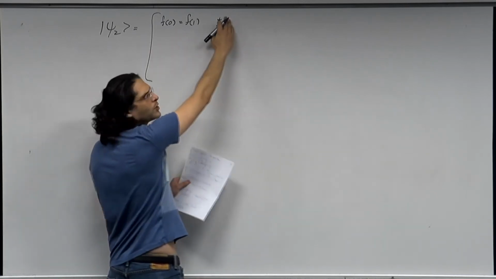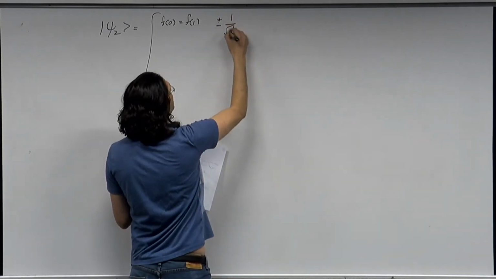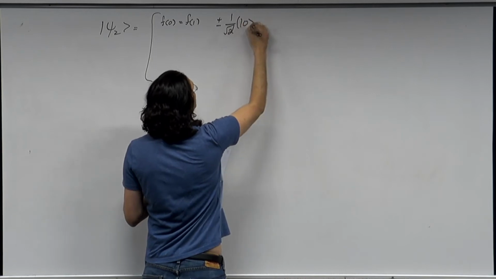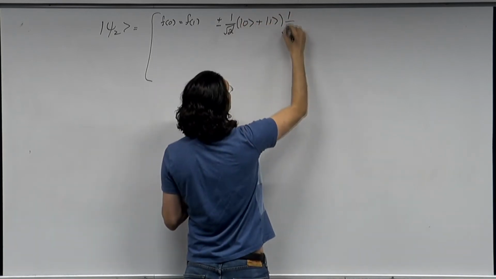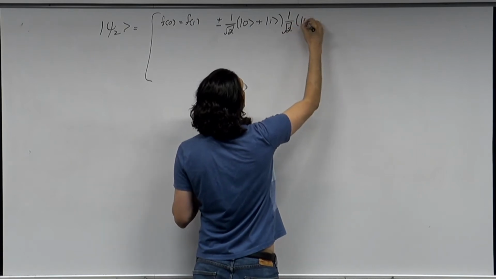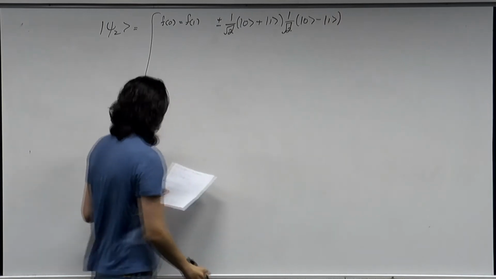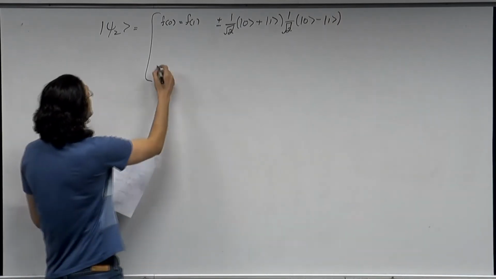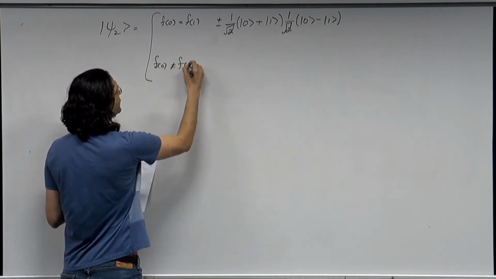So the plus would correspond to the 0, the minus would correspond to the 1. And then you will get 1 over square root of 2, 0 plus 1, 1 over square root of 2, 0 minus 1. Okay.